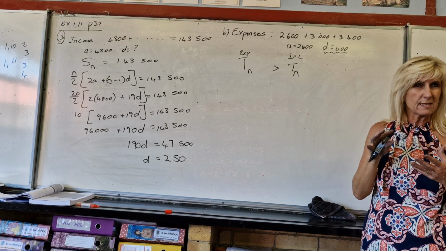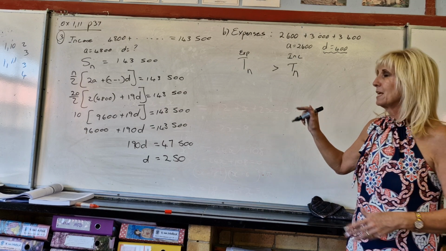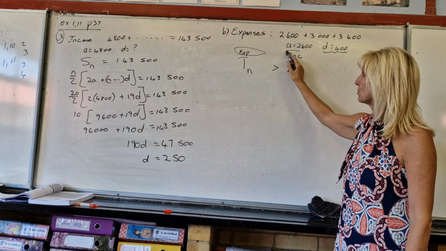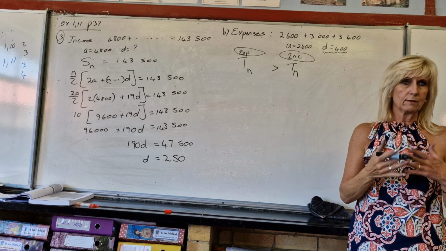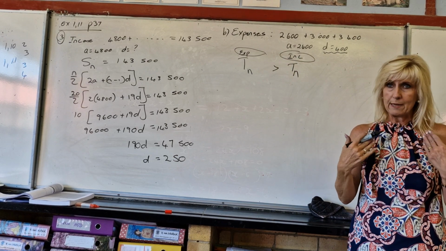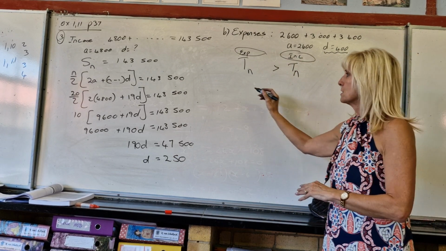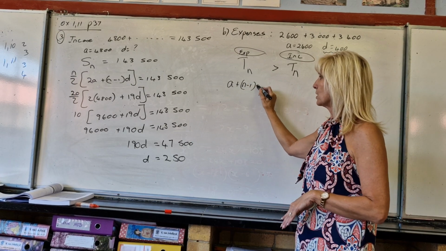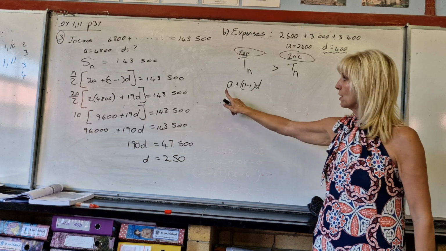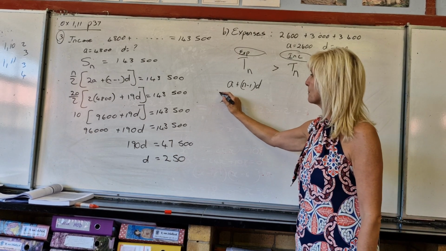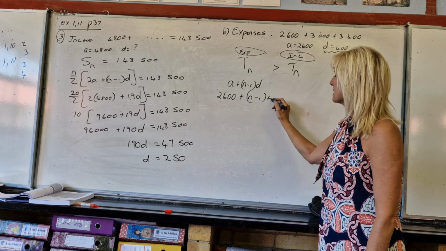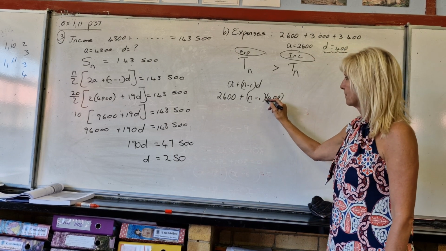Does it make sense that it's Tn? Think about it. The way I'm writing it might be confusing, so it's very important that you explain to the marker, which is not always going to be me, what you're doing. So this is going to be A plus N minus 1 D. I don't know the N, but I do know that A for the expenses is 2,600 and the D is 400.